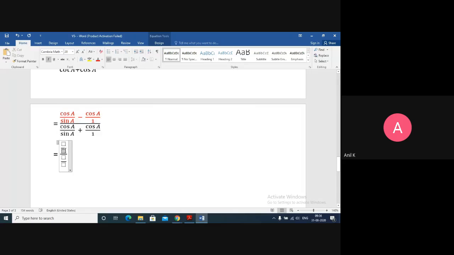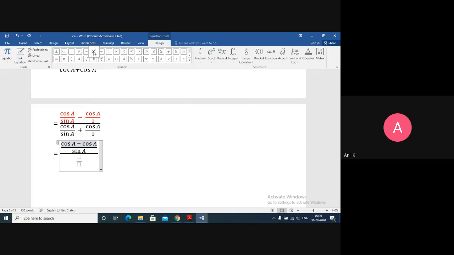So for this term, my LCM is going to be, here you will get cos A minus cos A multiplied by sin A. When it comes to the denominator, this black color one, the highlighted one, the LCM is going to be sin A only.